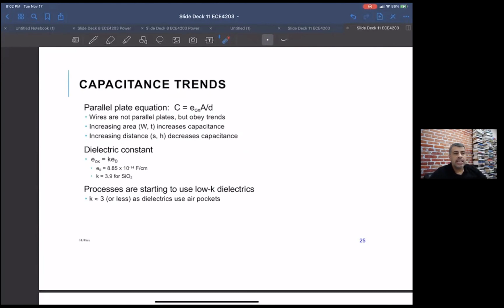None of these things by themselves get you to these factors of 2 improvement in performance every couple of years, but there are so many of these factors that the process technology people are working on. There may be thousands of these things they're working on to make the transistors faster, to make them smaller, to make the interconnection smaller, lots of these factors.